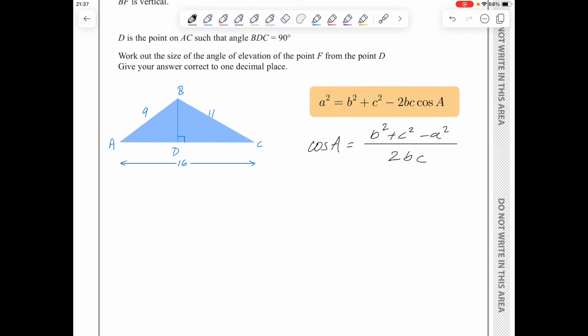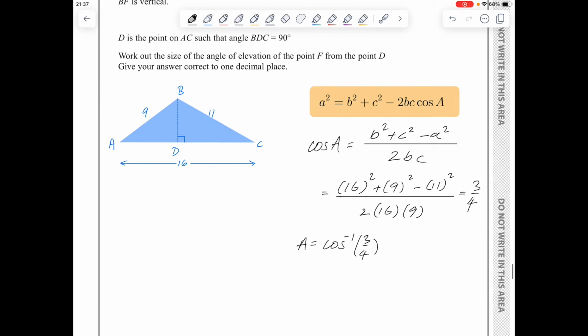Let's substitute the values in. I get 16 squared plus 9 squared minus 11 squared all over 2 times 16 times 9. Put this on the calculator and you will get 3 over 4. So angle A is the inverse cos of 3 over 4.